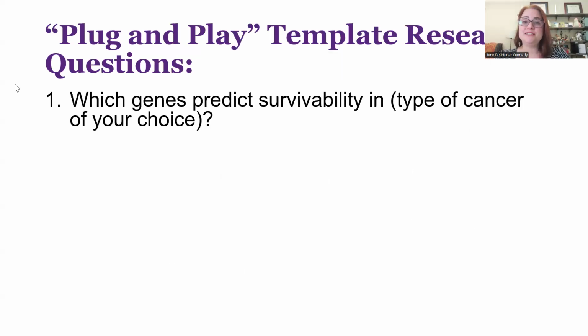As mentioned, I'm going to provide you with a guide with template research questions. These all are designed so that you can customize them and investigate something with cBioPortal that is related to your interest. The first guide will tell you about collecting data if you want to look at which genes are going to predict survivability in a cancer of your choice.